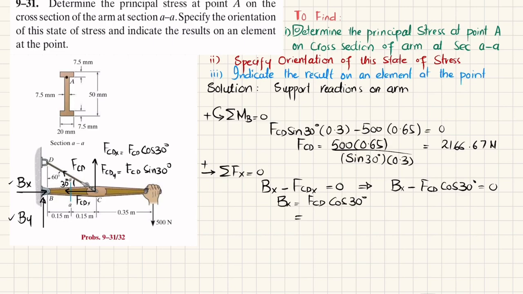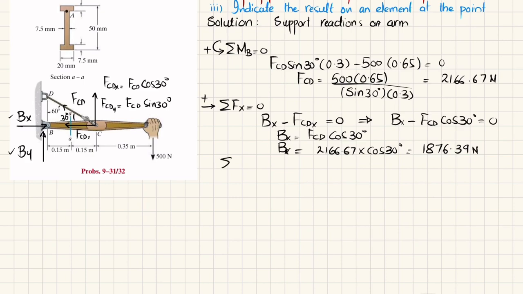You have the value of FCD, which is 2166.67 times cos of 30 degrees. That will give you Bx, so Bx will be equal to 1876.39 Newton.